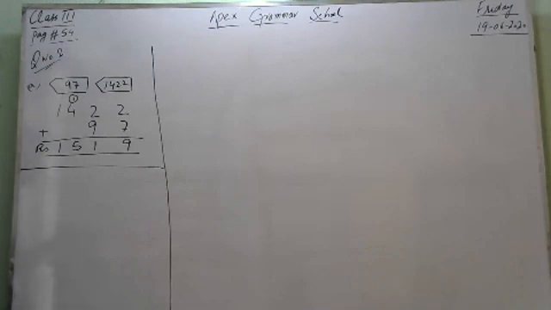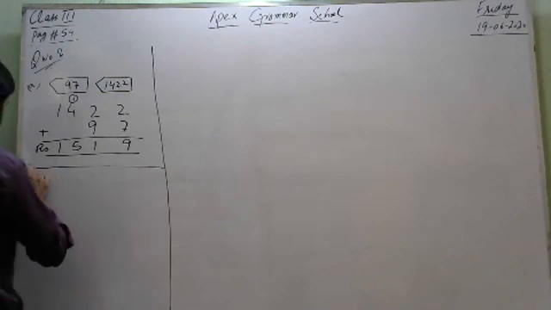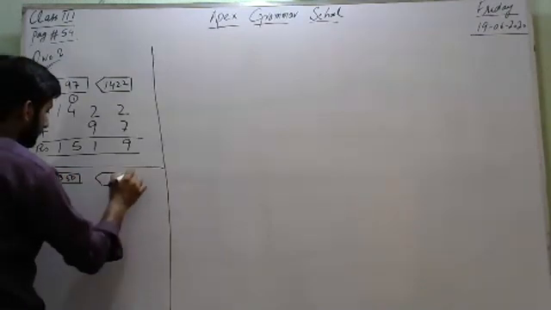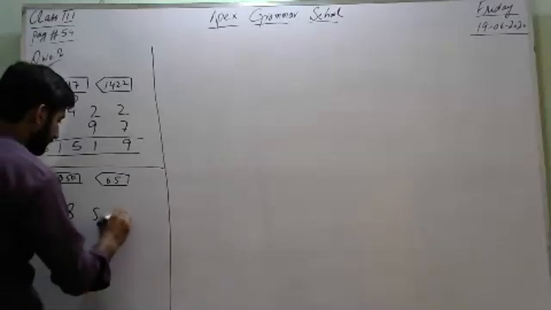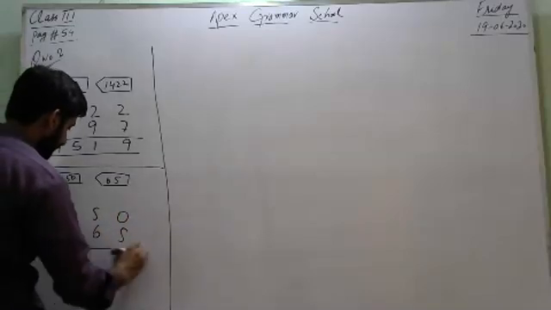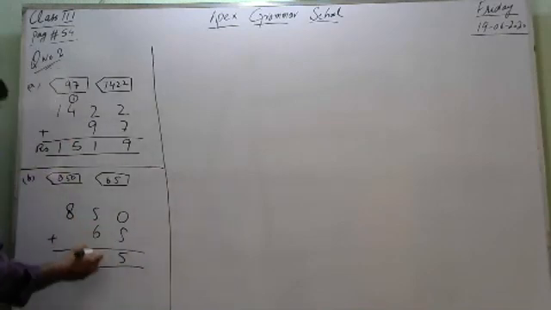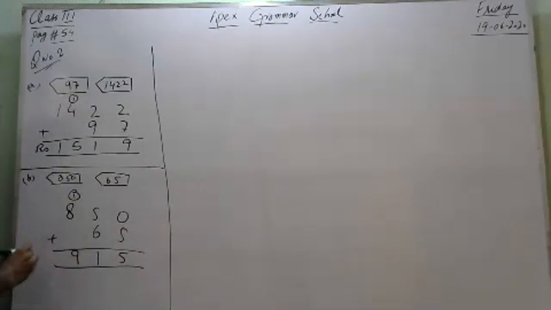B part is 850 and 65. 5, 6 plus 5, 11, 1 carry, 8 plus 1, 9, 915 rupees.